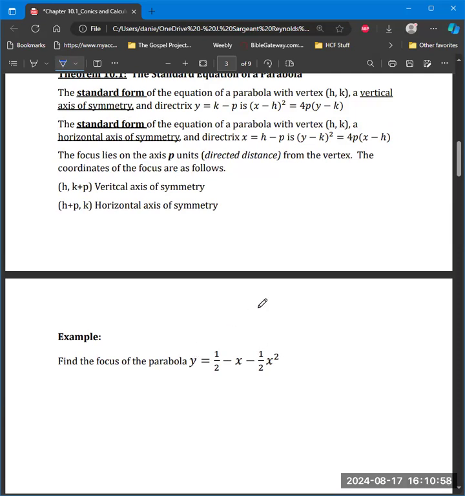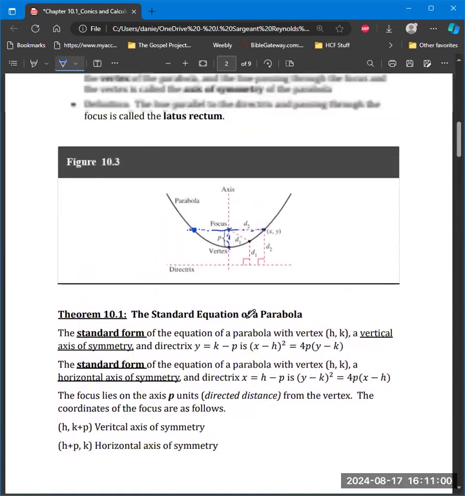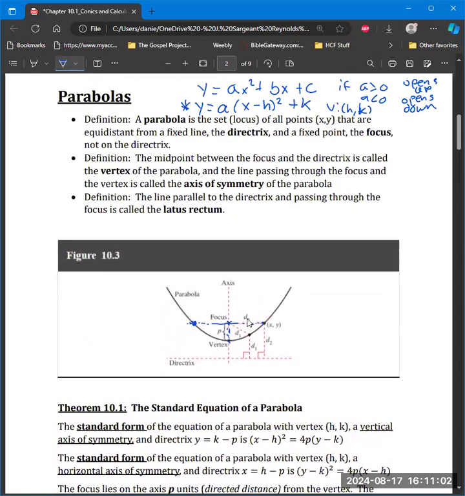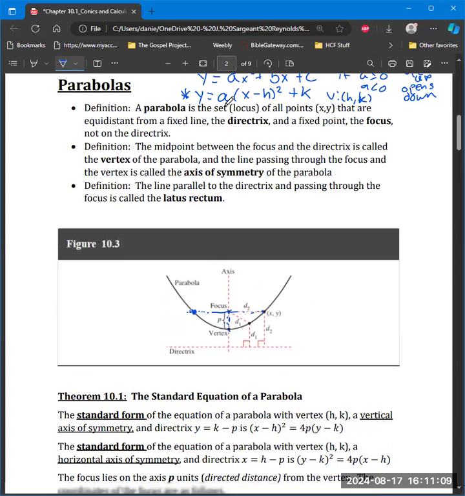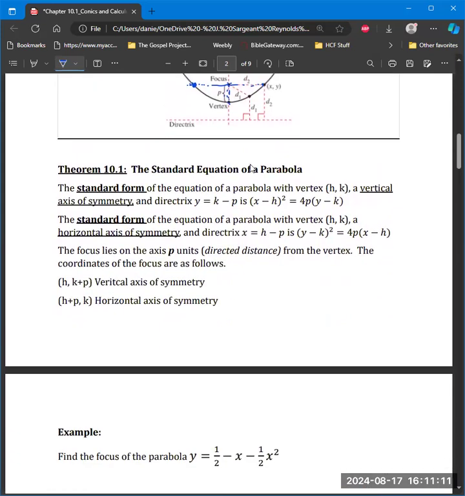Again, it looks very similar to the vertex form if I rearranged it and brought the k over. In fact, you would see that the a right here is the same thing as this 4p.